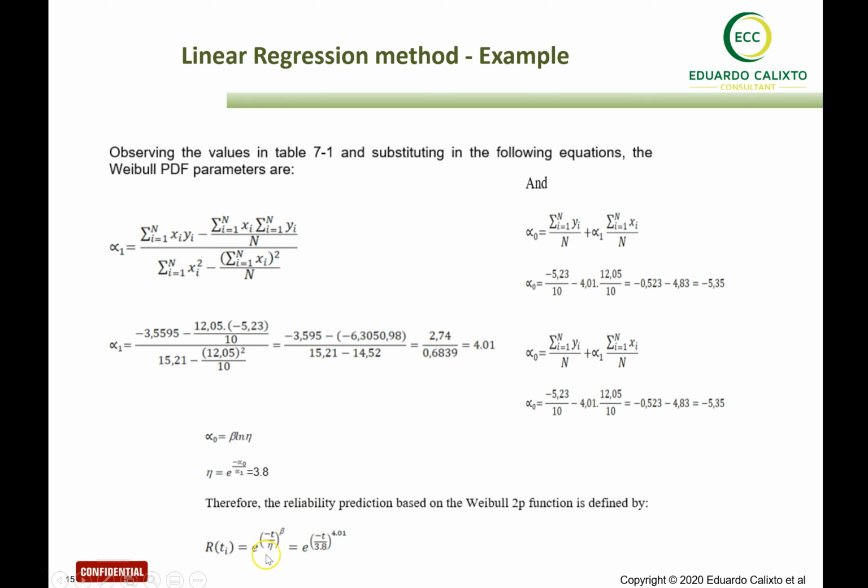So we have beta and eta, these two parameters. So this beta is equal to alpha 1, and this eta is what we've got here by using the values of alpha 0 and alpha 1. And then, of course, by using different time values, we can predict the reliability of such equipment.